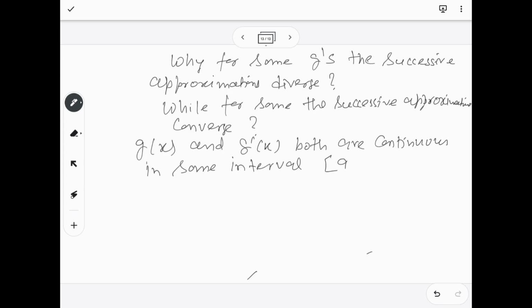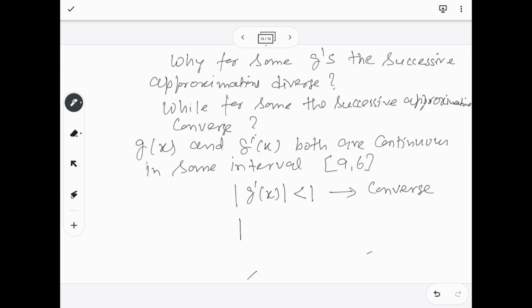That interval, let us say, is AB. So if this particular condition is satisfied, then the successive approximations will converge.